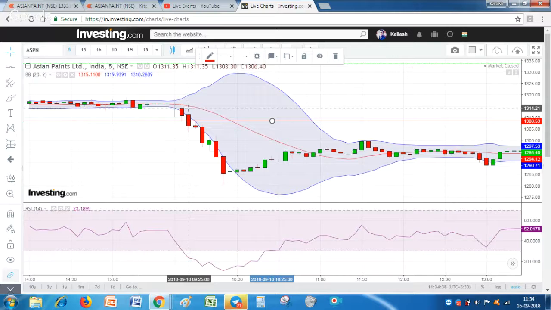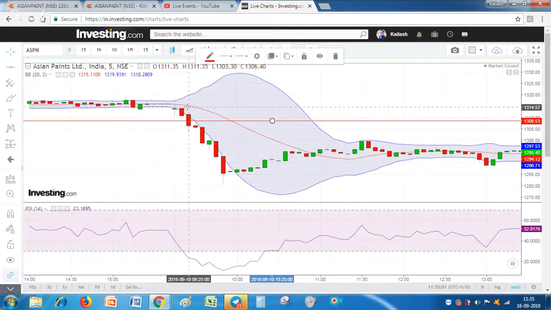We can take the stop loss at the high of the candle at whose low we are selling. We can keep the stop loss at that candle high, a little above, especially close to this median line. The main thing is our stop loss should be at this median line of the Bollinger Band in case we are selling this stock.